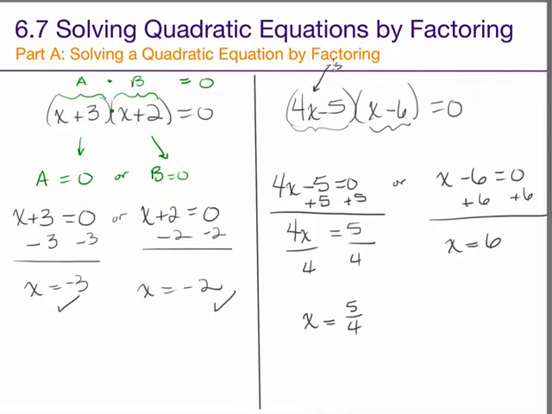If I put 5 over 4 in here, I get 4 times 5 over 4 minus 5 in this set of parentheses. 4 times 5 over 4 is 5, and 5 minus 5 is 0. So this would become 0, and 0 times anything is in fact 0. So 5 over 4 also works.